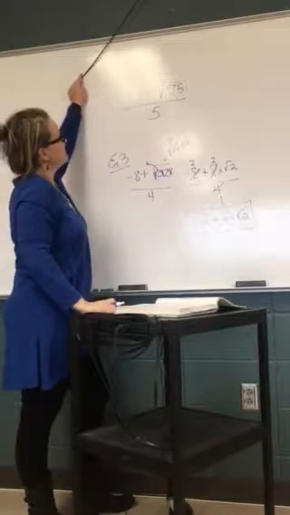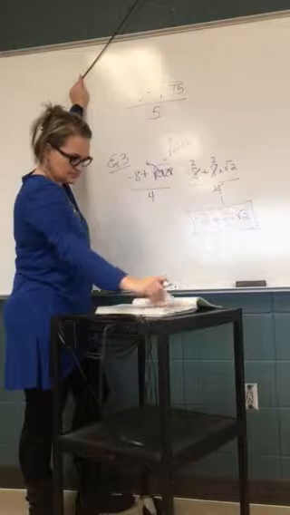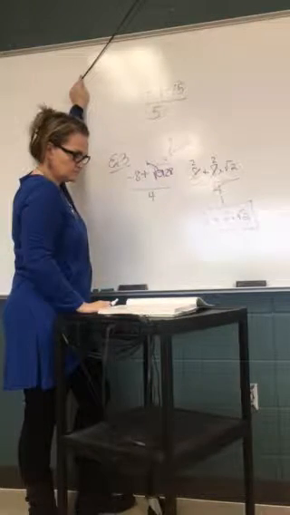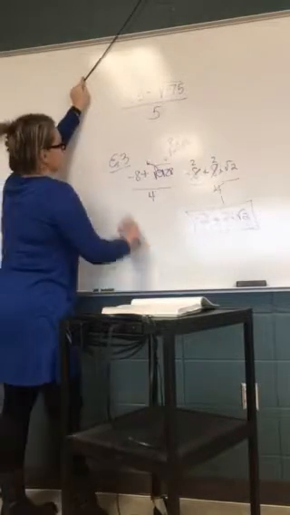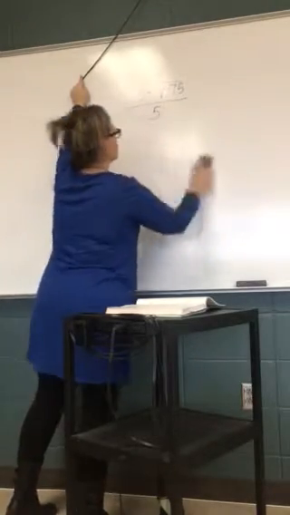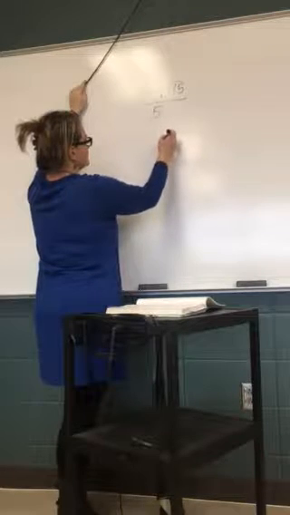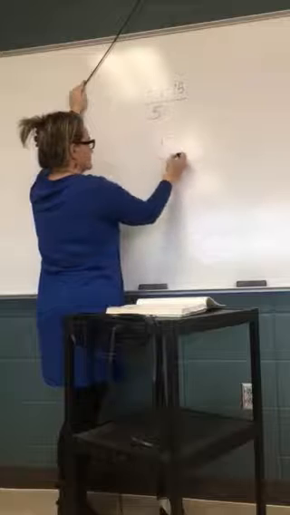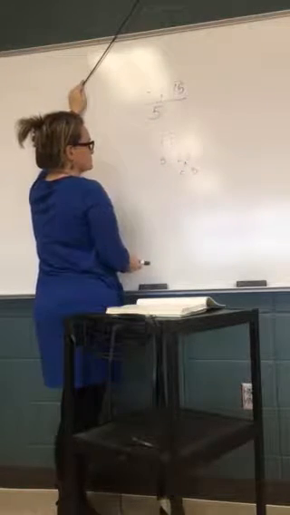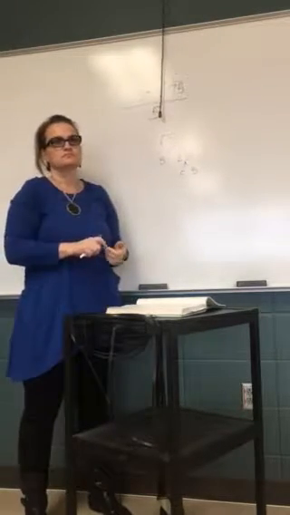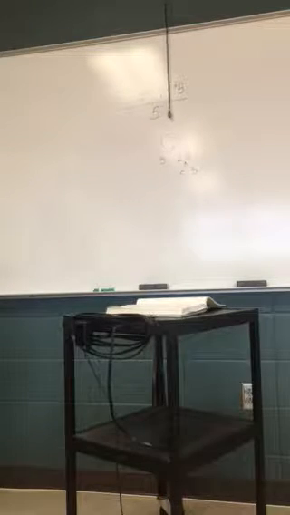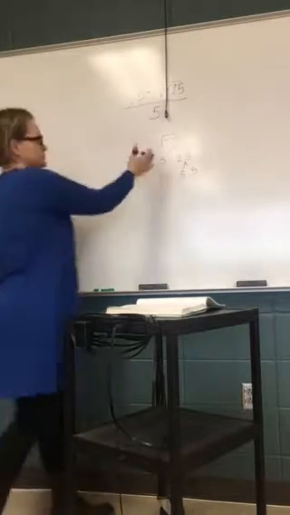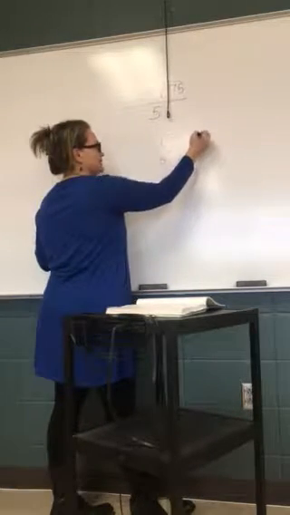All right, so reduce your radical first. One way to do it is with the factor tree method. 75 breaks down into 5, 5, 5.